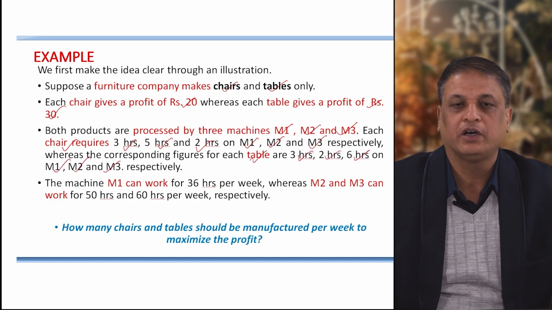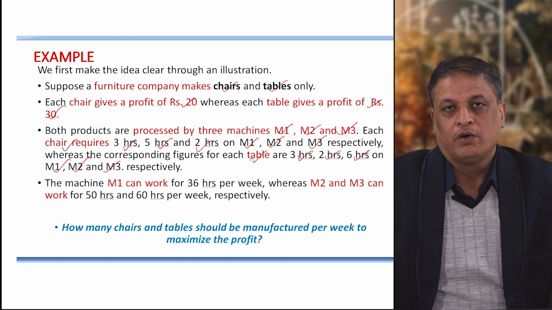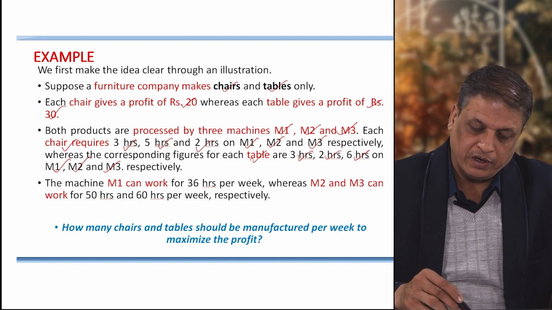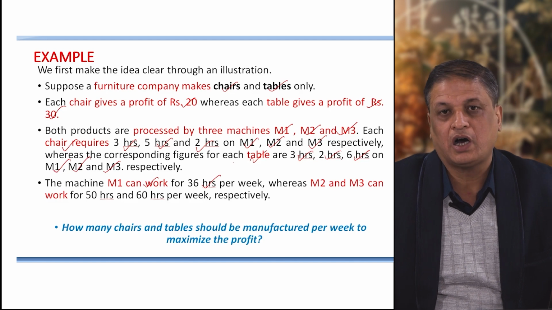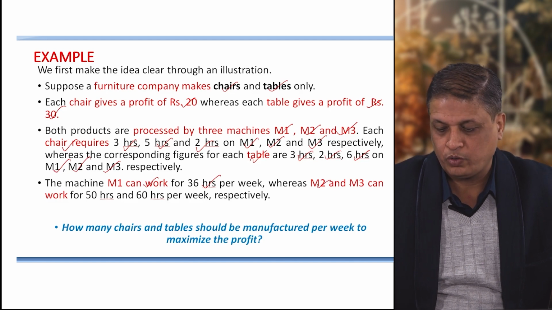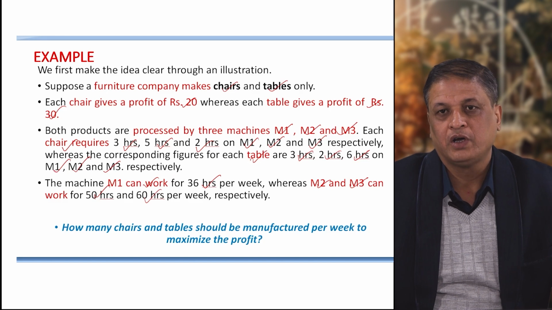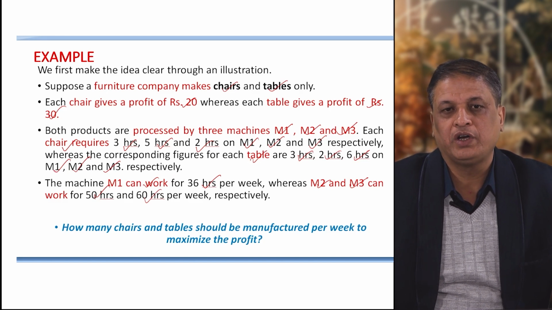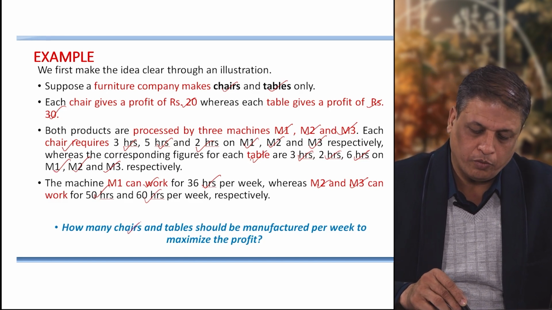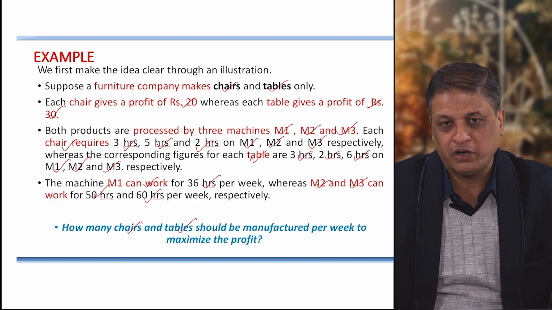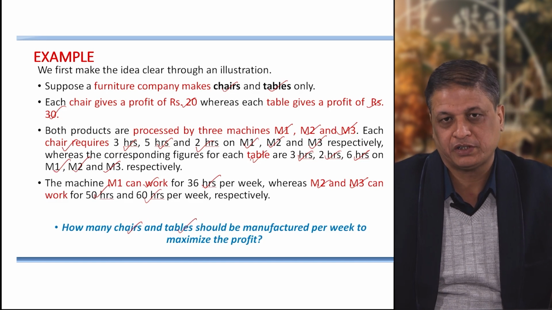Further, we are having a constraint that machine M1 can work only for 36 hours per week, whereas M2 and M3 can work for 50 hours and 60 hours per week. Under such a situation, we need to find how many chairs and how many tables should be manufactured per week to maximize the profits.